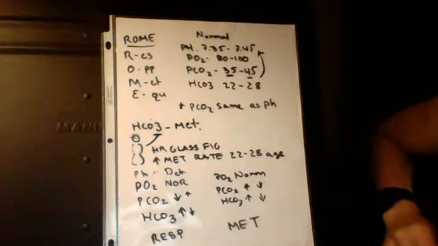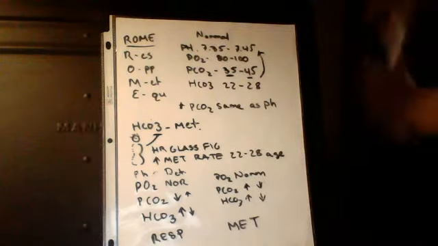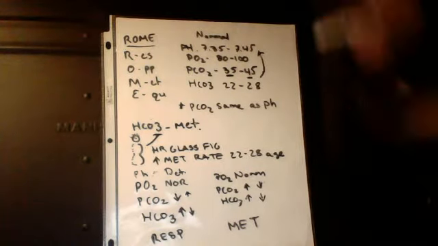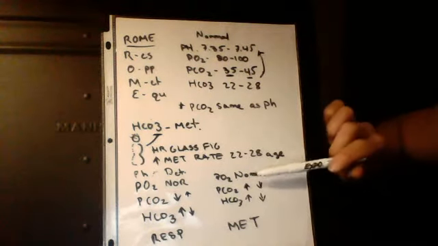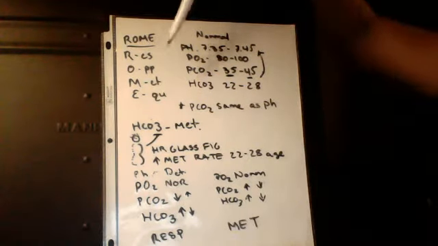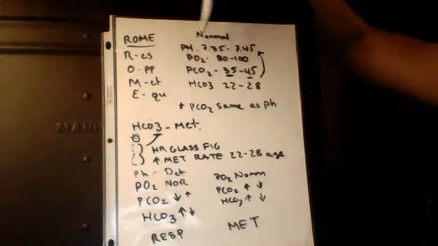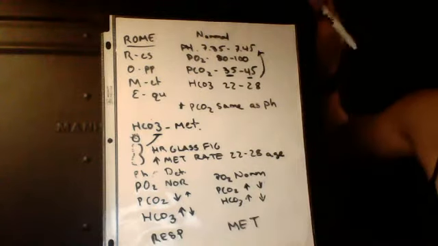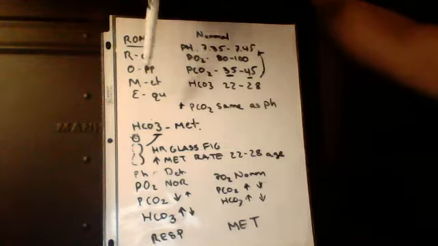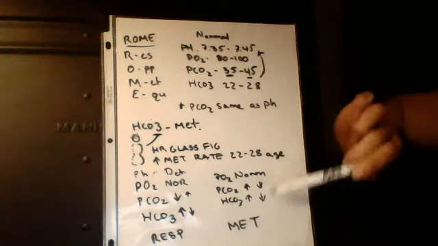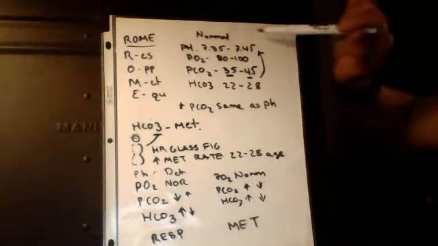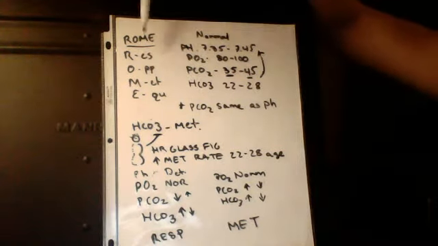What determines whether it's alkalosis or acidosis is where you're at on this range. So if it's 7.2 and both of these are either high or low, I know that it's the metabolic system and that you're in acidosis. All right. So respiratory is opposite, metabolic equal. If my values are equal, both going in the same direction, up and up or down and down, then I know it's my metabolic.